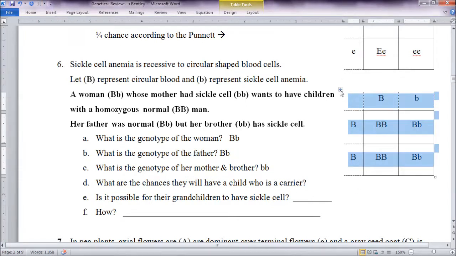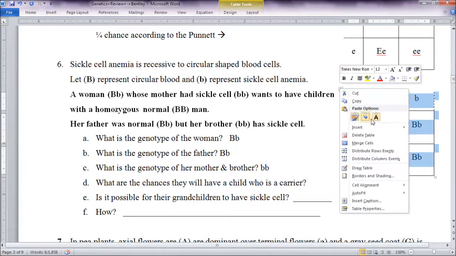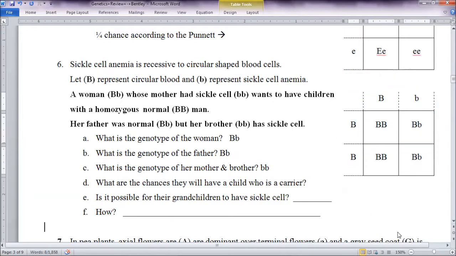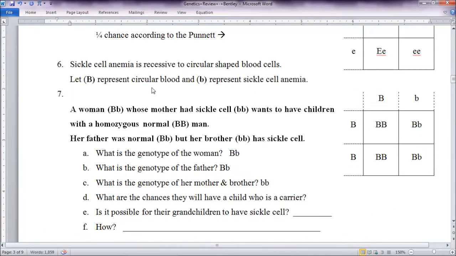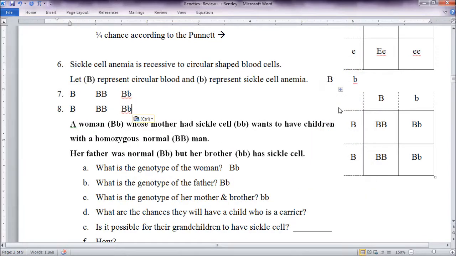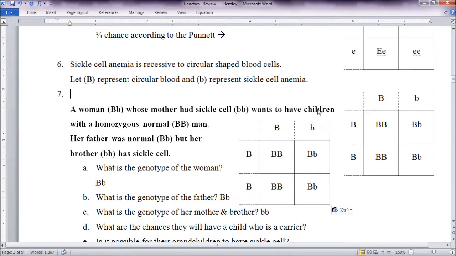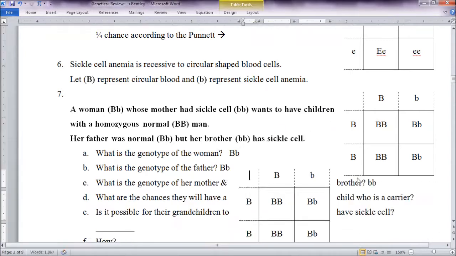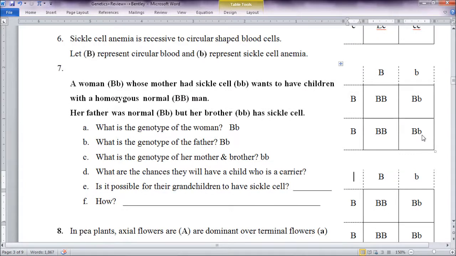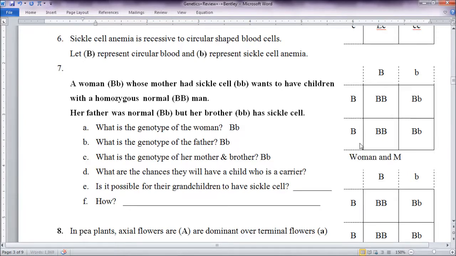So let me copy this. Okay. And we'll paste it here. Nope, that didn't work. Alright, so let me label this one. This is the woman and man.